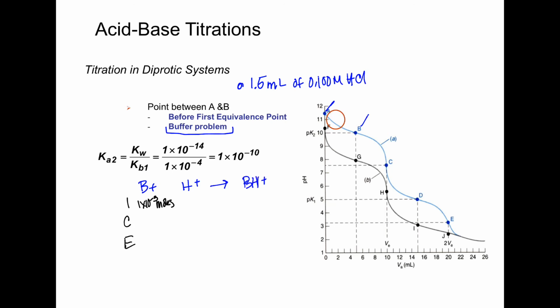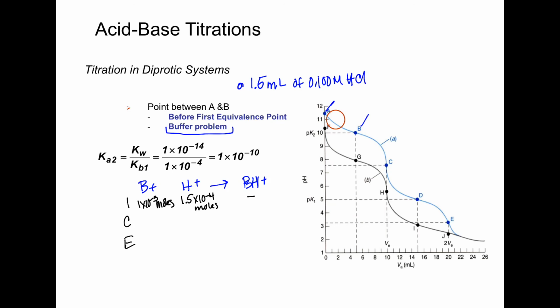Okay, so I've added 1.5 milliliters of a 0.1 molar acidic solution, a hydrochloric acid solution. When I do the stoichiometry there to find the moles, it's 1.5 times 10 to the negative 4 moles. And I haven't made any of this yet because I'm in the initial stage.